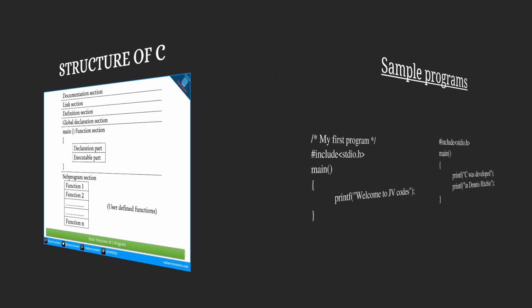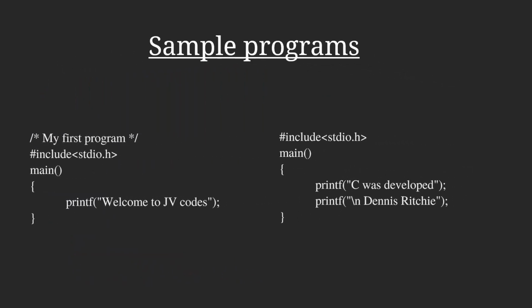So these are the examples to write a basic program. Here, my first program has a documentation section which can be declared anywhere in the program. Instead of using slash and star, we can also use two slashes, which means the same. Then #include <stdio.h> is the link section, which includes the printf and scanf functions. The definition section isn't declared here because it is not necessary for this basic program.